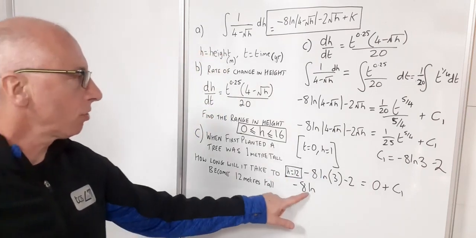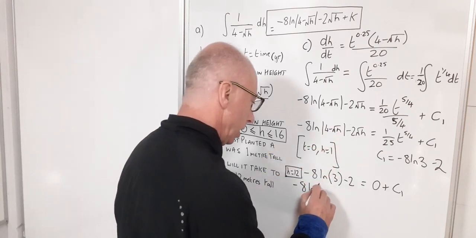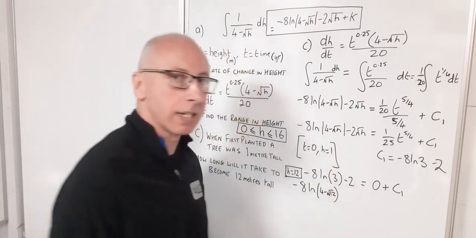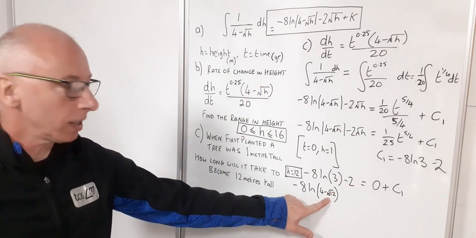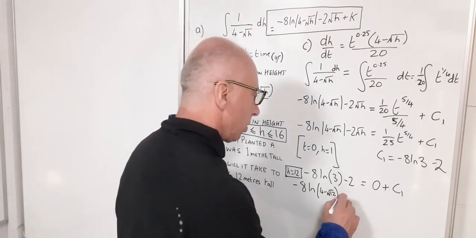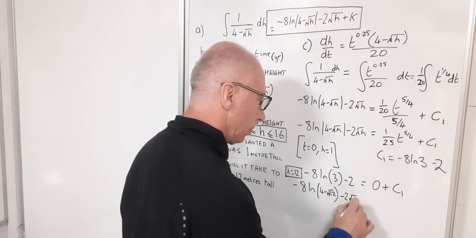So minus natural log of 4 minus square root of 12. Now that's also going to be a positive number because square root of 12 is less than 4, so that's fine to leave as normal rounded brackets. Then minus 2, h again is 12, so it's minus 2 root 12.